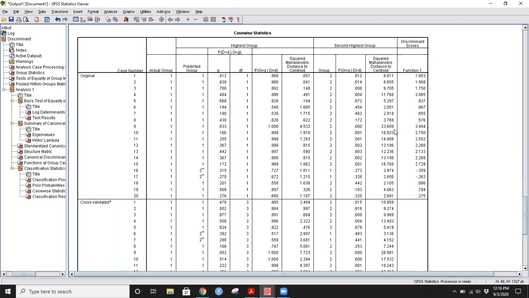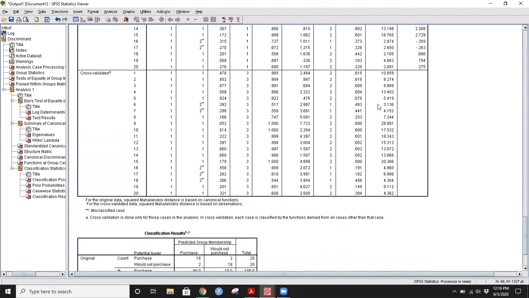Okay. You can further also have a look at it. And what is this latter part, the cross-validated part? Now, cross-validated means, as you can read out here also, cross-validation is done only for those cases in the analysis. In cross-validation, each case is classified by the functions derived from all cases other than that case.